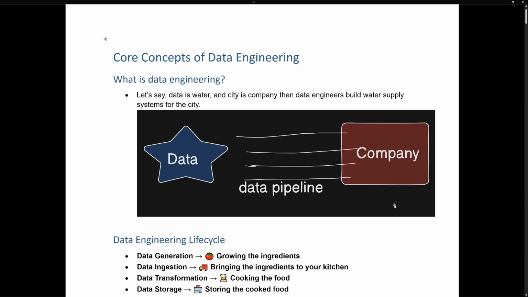In between there are many processes involved. These are nothing but the data pipeline. So that is the simple definition of how data gets from source to destination.